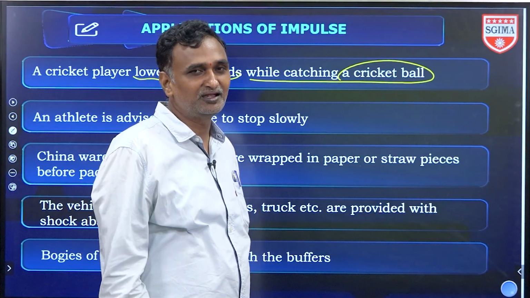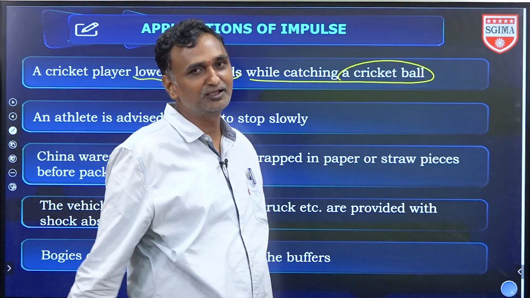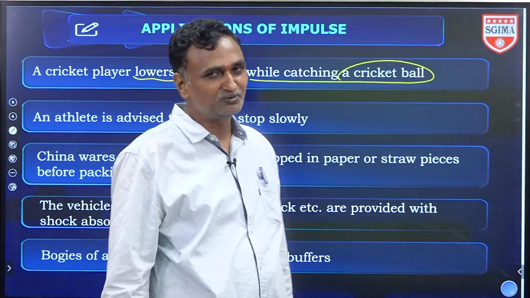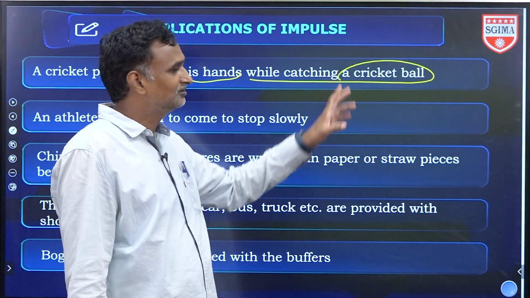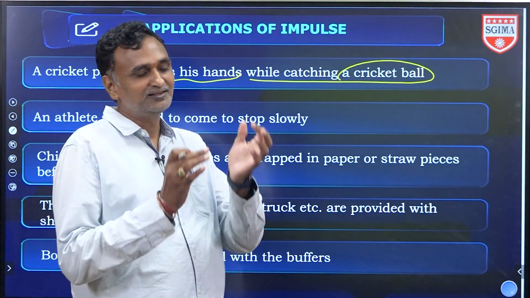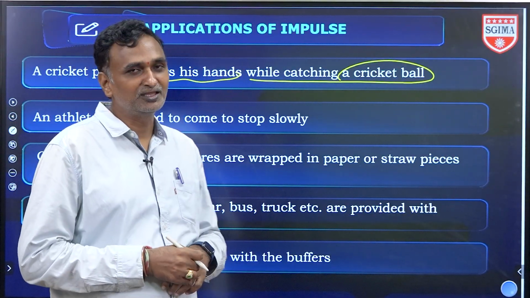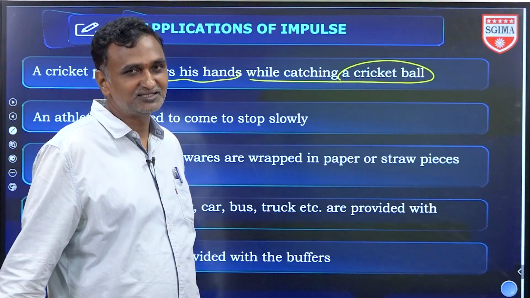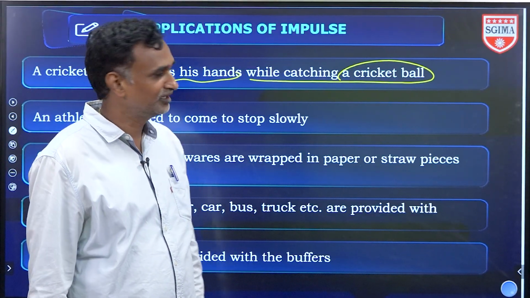You might see the cricket keeper catches the ball like this only. Most of the fielders just catch suddenly, and whenever they catch suddenly, they get hurt in the palms. You need to know that is because of more impulsive force, because it takes a very small time to change the momentum.